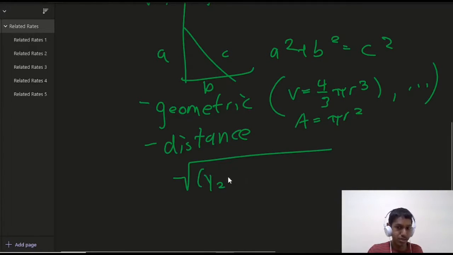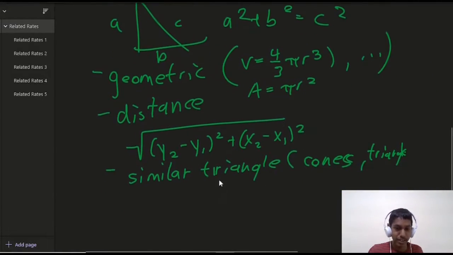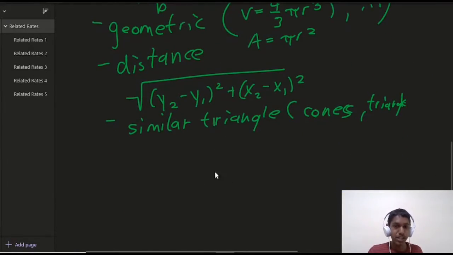so the formula to find the distance between 2 points. Or similar triangles. These are used mostly in cones, or basically anything that involves triangles is fair game for similar triangles usually.